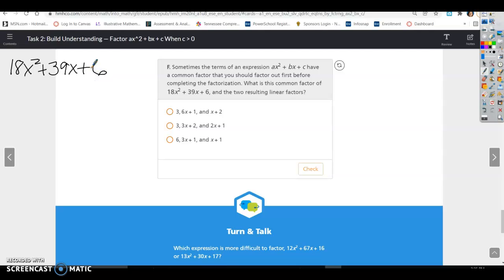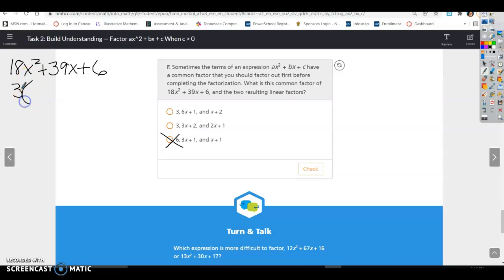Now, knowing your multiplication tables is really helpful for factoring. So I can look here and say 3 goes into each of these terms evenly. 6 goes into the first and last term evenly, but not the 39, so we know it can't be this one. We already know it's got to be a greatest common factor of 3.